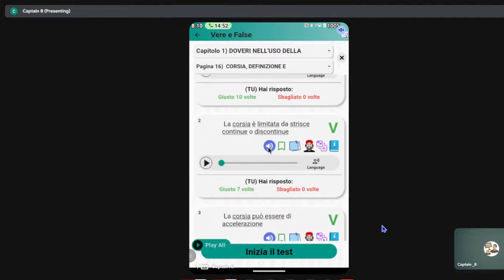Number 2, attention. La corsia è limitata da strisce continue o discontinue. Attention to this one. He said la corsia è limitata. He said lane is limited. That stretch is of lines, continua or discontinua. Now, this is it here.